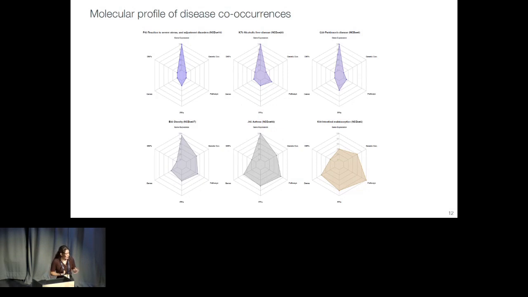For instance, obesity here has a more balanced contribution from the different layers, especially genomics, at the molecular components, which is normal for complex diseases. And then, in green, an example of a monogenic disease that has, under its co-occurrences, a lot of contributions from, for instance, disease-associated genes.